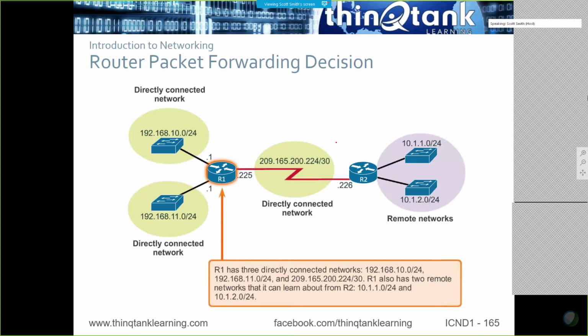What is a connected network? We just defined it 3 minutes ago. No, a connected network is a network that's attached to the router. R1 has 3 connected networks. R2 has 3 connected networks. Do you guys agree?